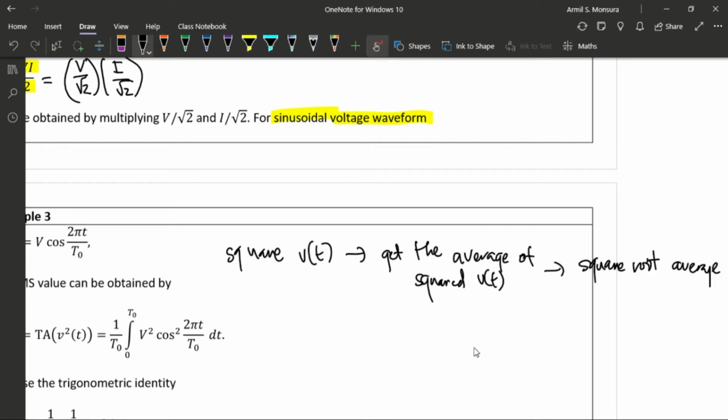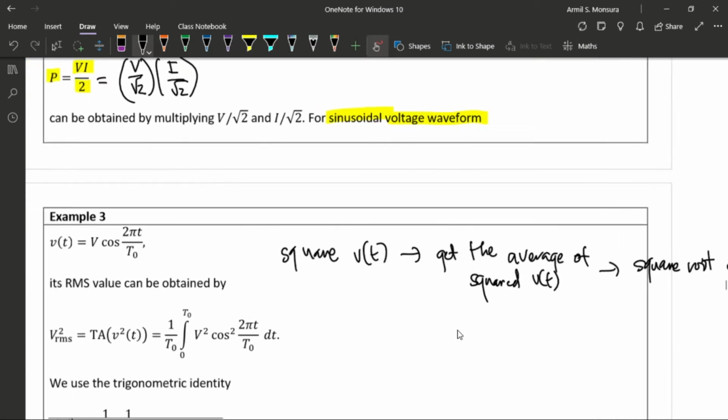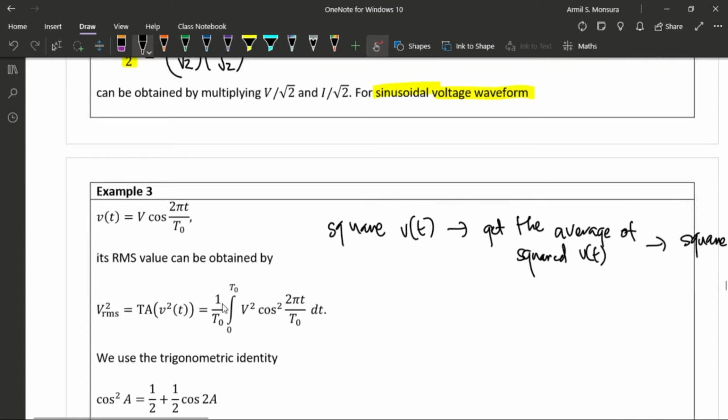Now when we square the waveform, if this is your given voltage waveform, which is periodic for T0, we take note that when we square our waveform and it is sinusoidal, the tendency is for the waveform to change its periodicity.